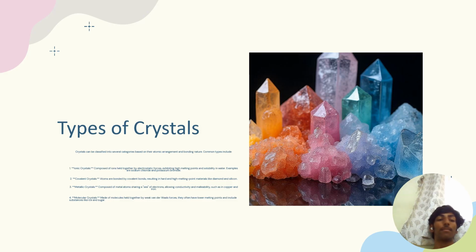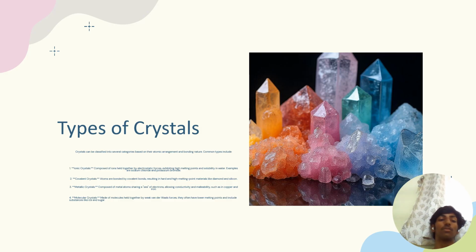They have high melting points and dissolve well in water. Example, sodium chloride. Covalent crystals: atoms are linked by covalent bonds, forming hard substances with high thermal resistance. Examples include diamond and silicon.